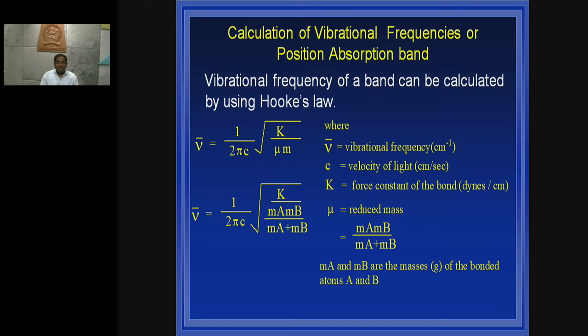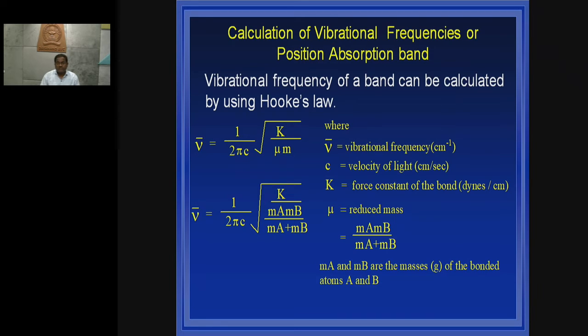Here nu bar is the vibrational frequency measured in centimeter inverse. c is the velocity of light, which is a constant. k is the force constant of the bond. This is a very important point again. k is the force constant for the respective bond, and mu is called the reduced mass, that is Ma into Mb divided by Ma plus Mb, where Ma and Mb are the masses of the bonded atoms A and B.